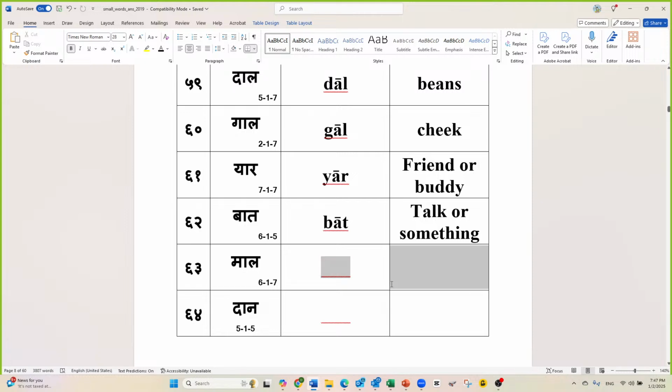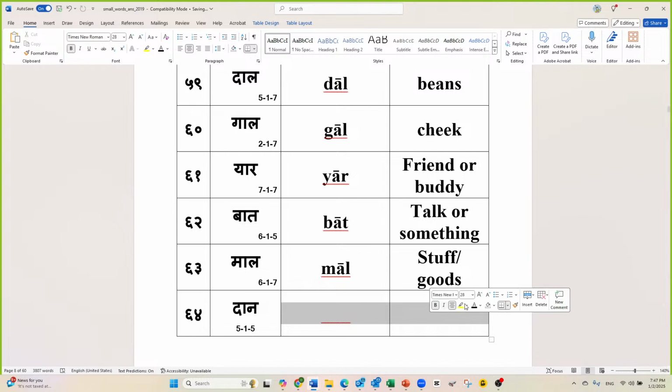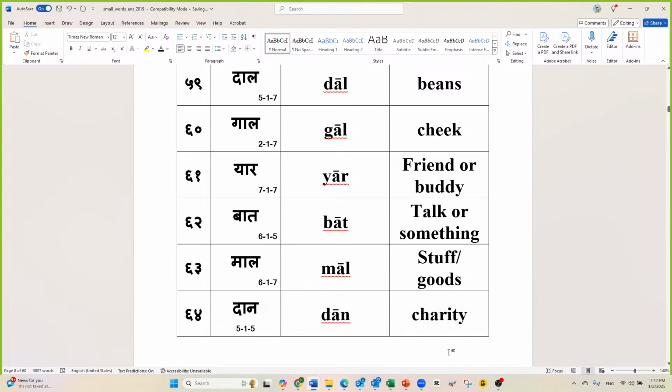Mal. Mal is stuff or goods which you buy from stores. And Kavina, read the last word for me. Dan. Dan is charity.